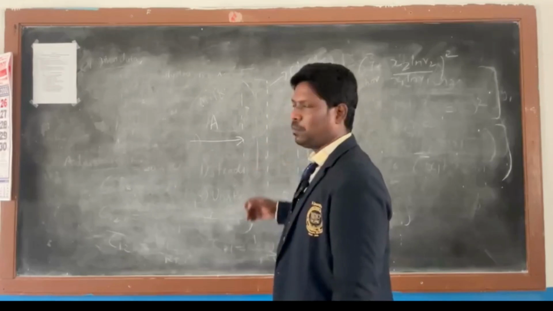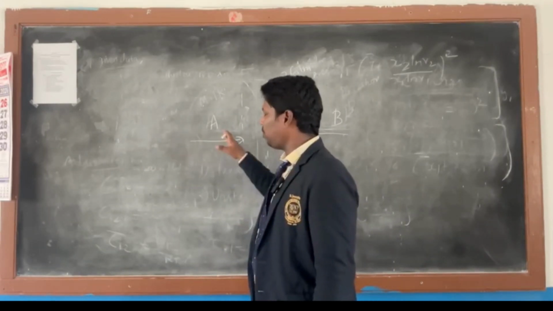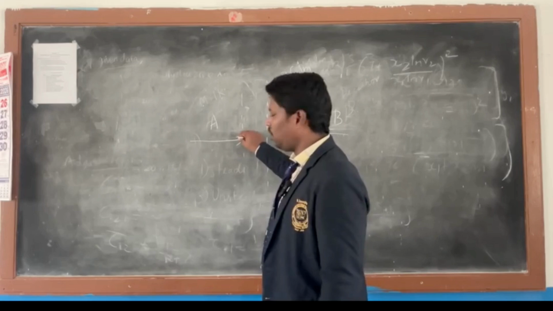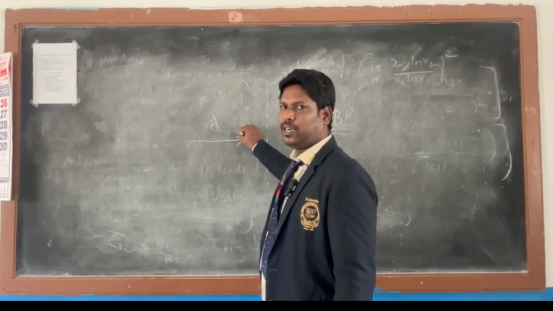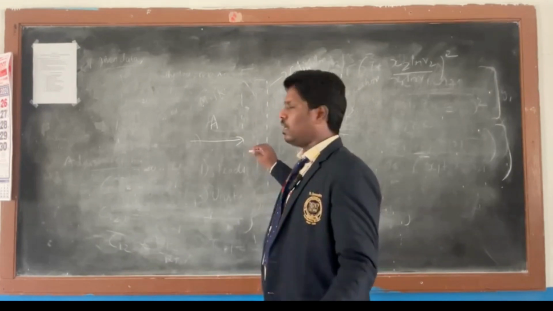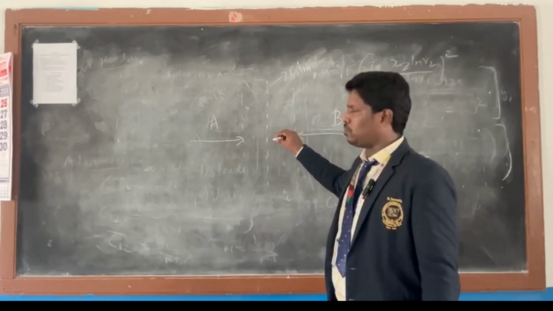Similarly, here also there is a boundary condition. Here you can see the molecules move from point 1 to point 2. This is my boundary condition of A. Once the molecules move across this boundary, the concentration starts to transfer. Similarly, in B also we have a boundary condition here. Here also the transfer takes place.